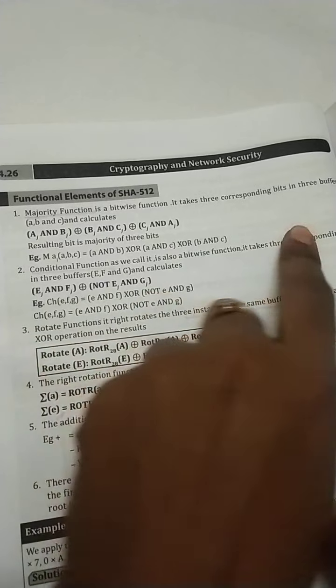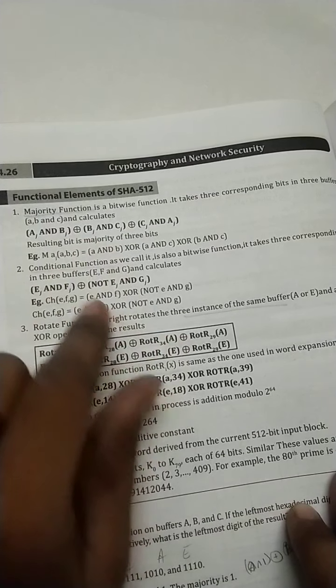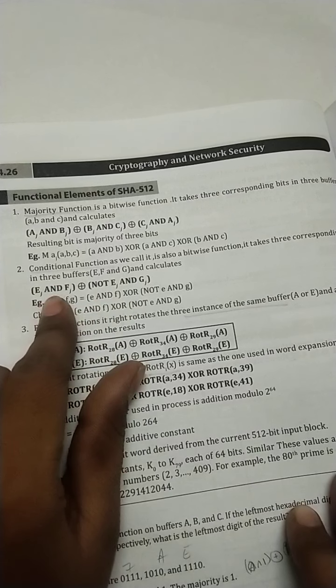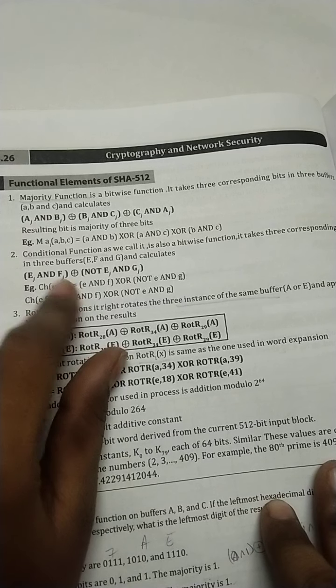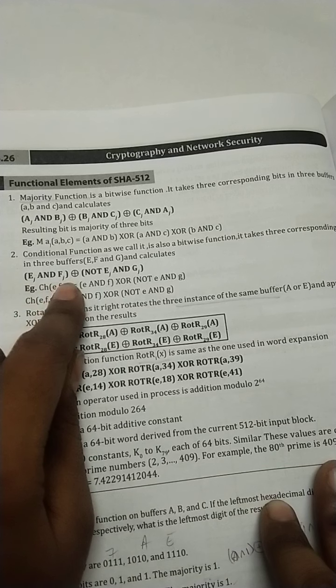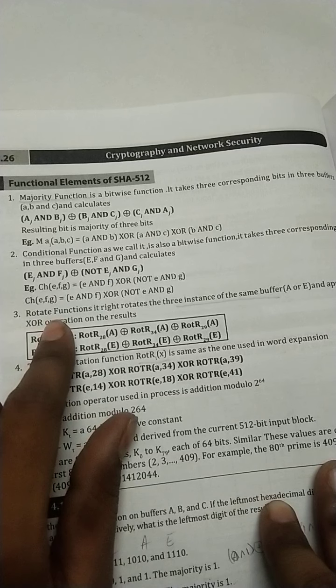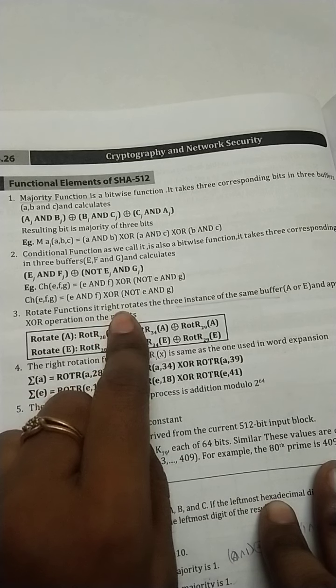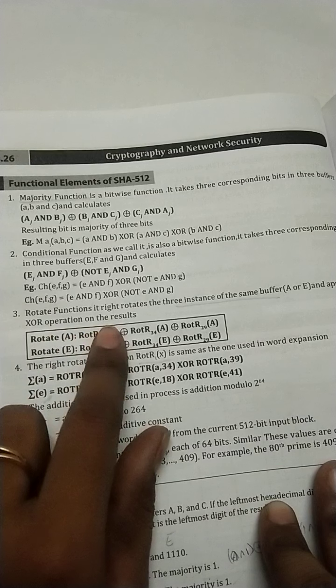It takes the 3 corresponding bits in 3 buffers and calculates the value of the majority. Then the conditional function again takes the 3 corresponding bits in 3 buffers: E and F, XOR not E and G. Then the rotational function right-rotates 3 instances of the same buffer and applies the XOR operation on them.